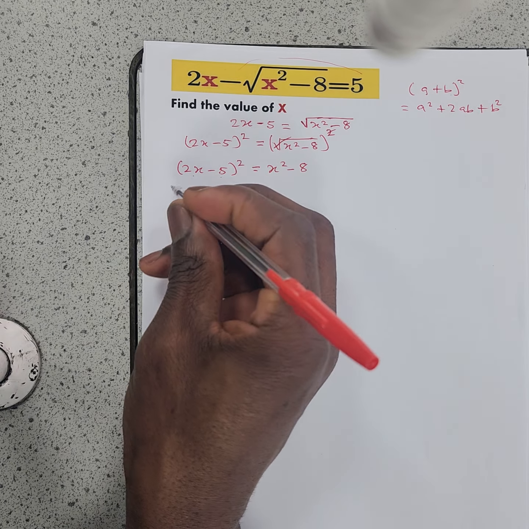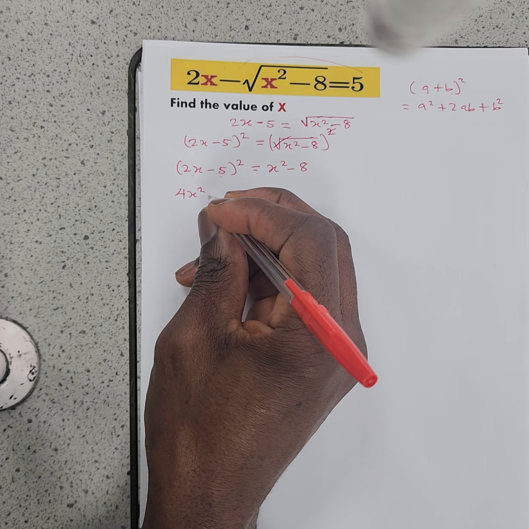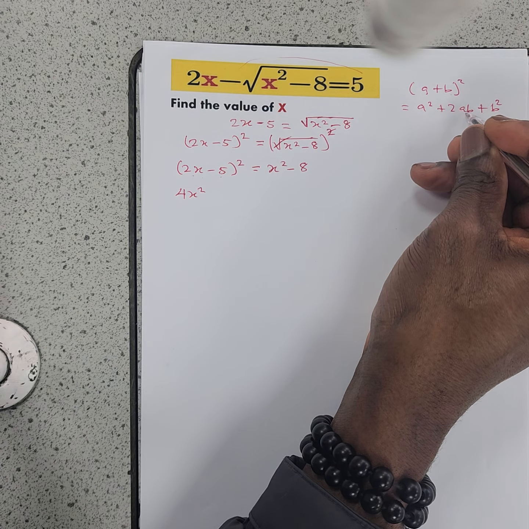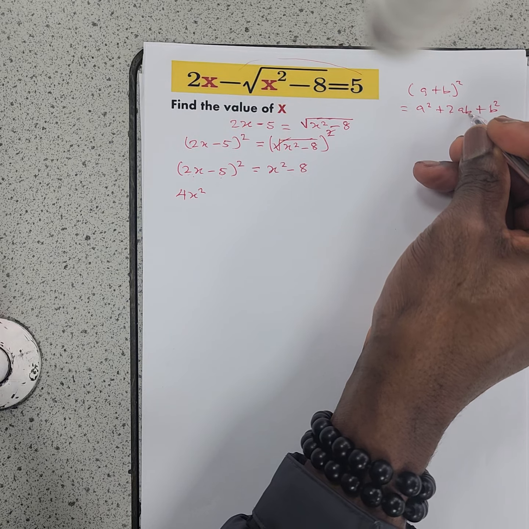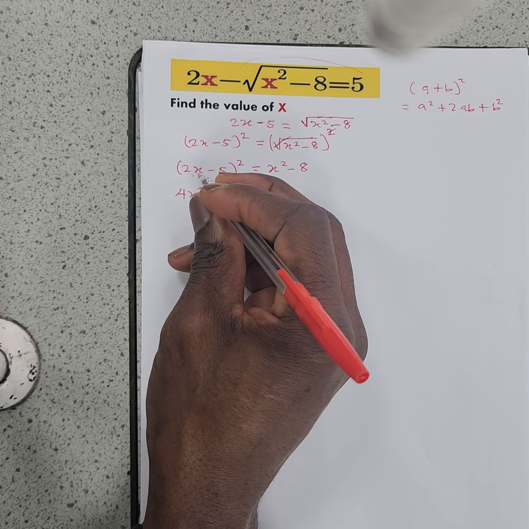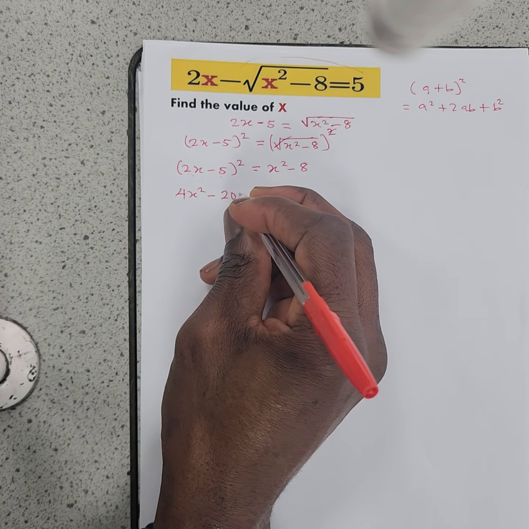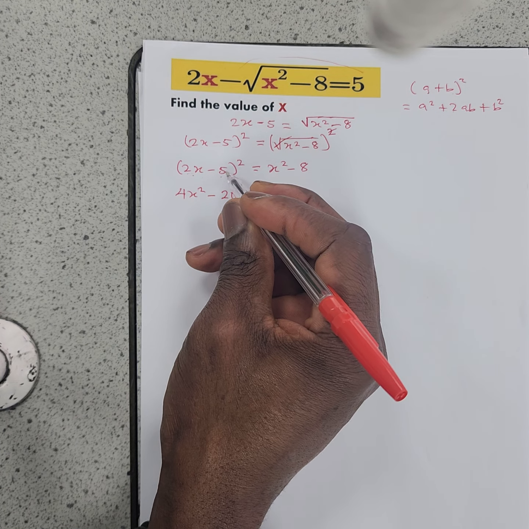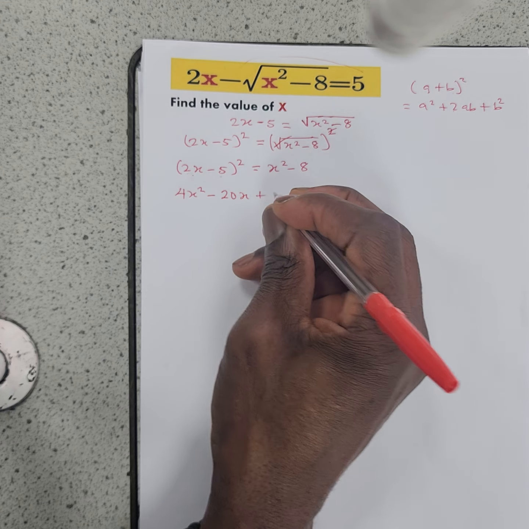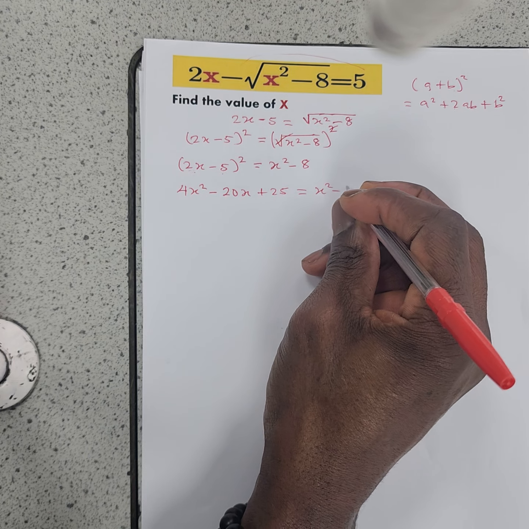So a squared means 2x squared, which is 4x squared, plus 2ab. 2 times a, which is 2 times 2x, times b becomes 2 times 2x times minus 5. That will give us minus 20x. Then b squared is minus 5 squared, which becomes plus 25, all equal to x squared minus 8.